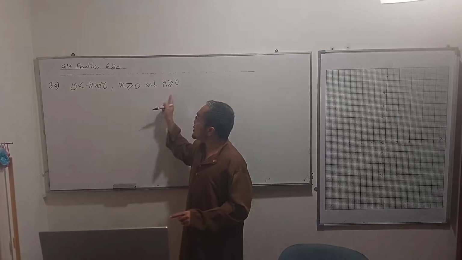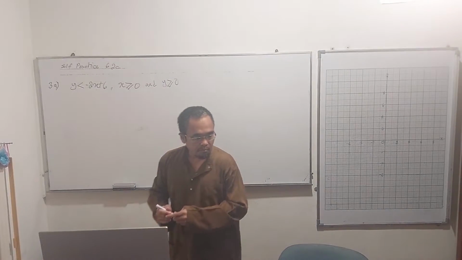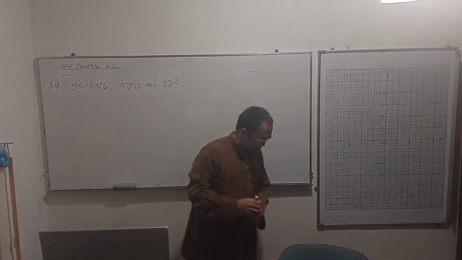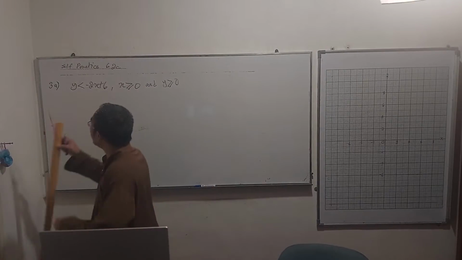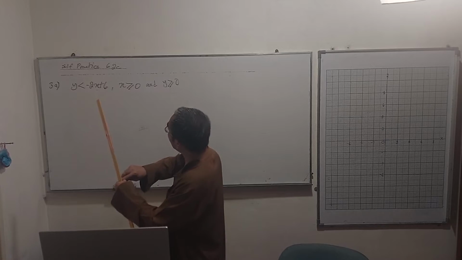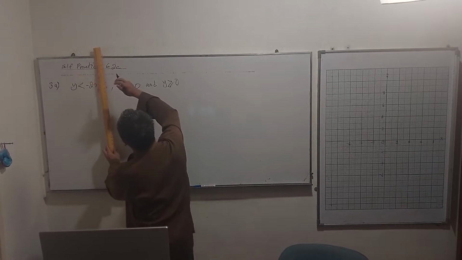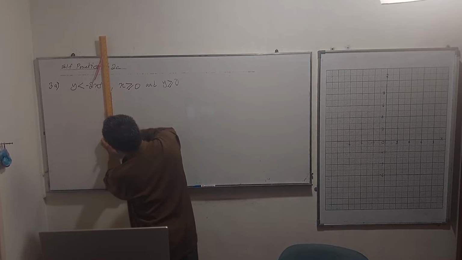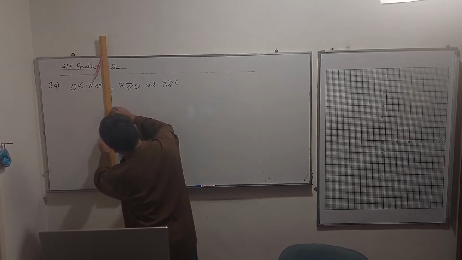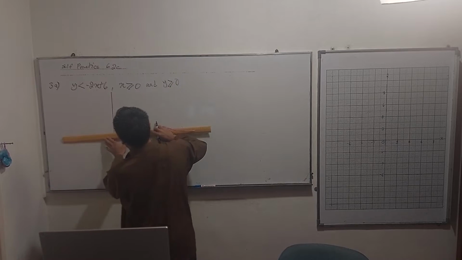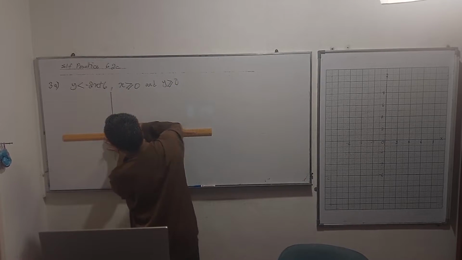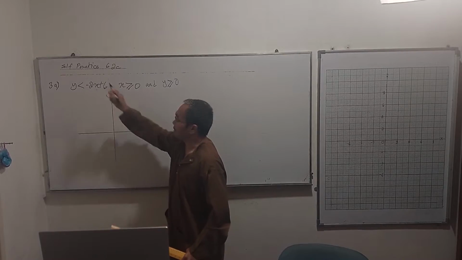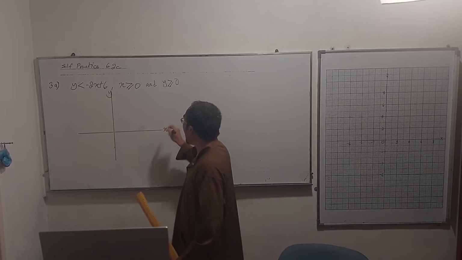Okay, so let me draw the x equal to 0. So this is the y-axis and this is the x-axis.